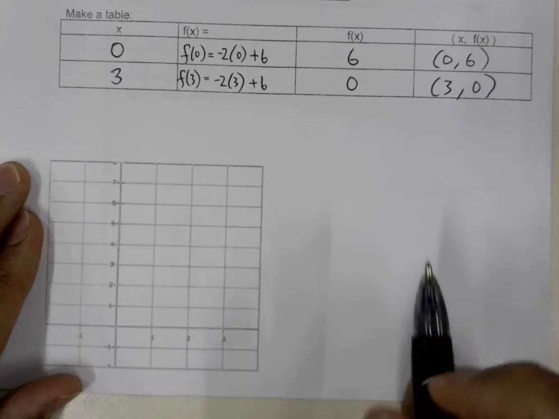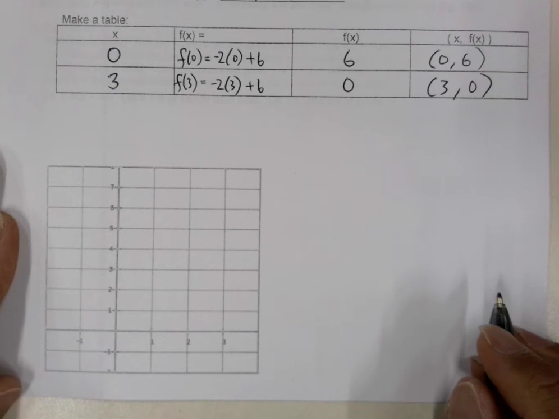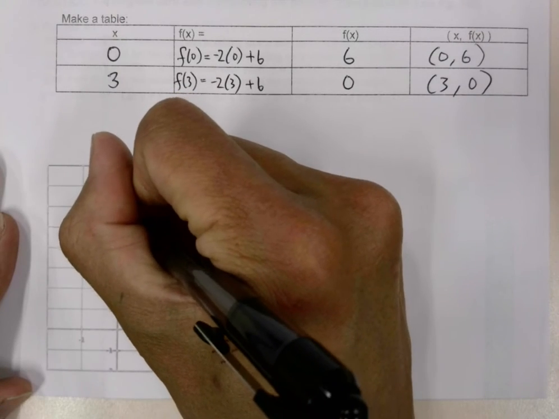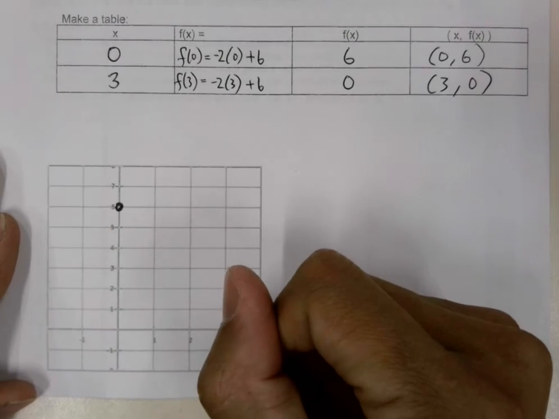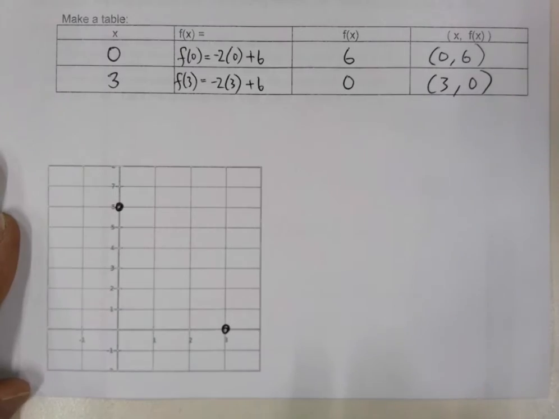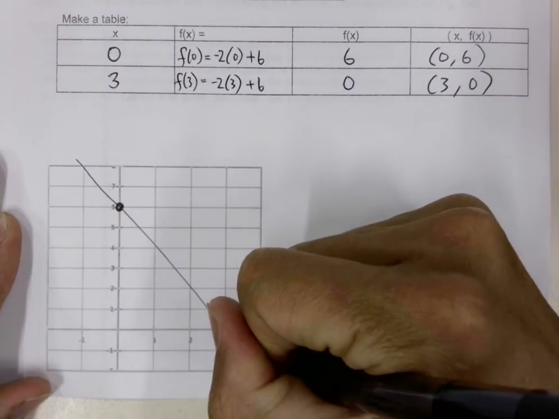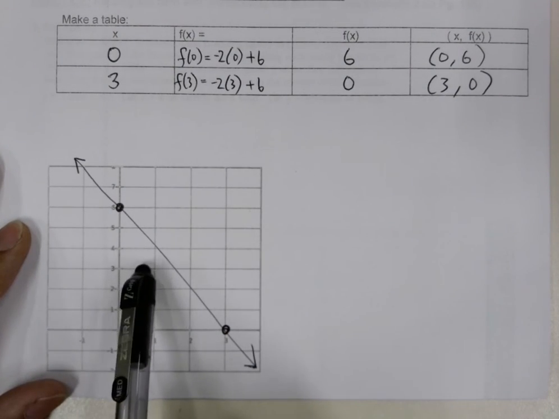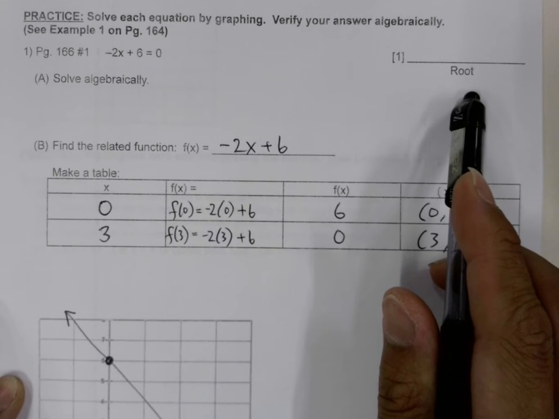Now that we have 2 points, we can graph the related function. 0, 6, and 3, 0, and we can draw our line. According to this graph, what is our root?